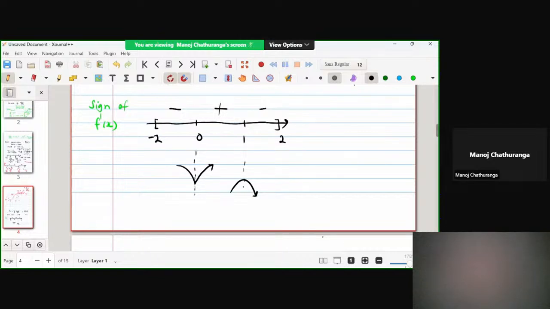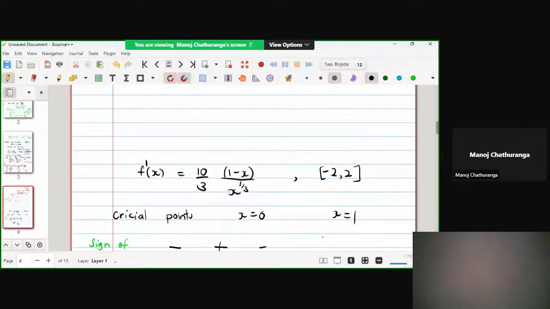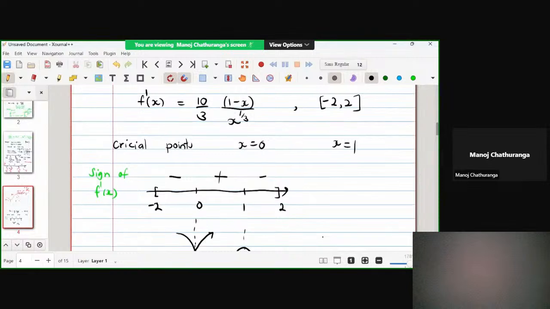So even though the derivative is undefined, this looks like a local minimum for the function. That is how I analyze the sign of the derivative and critical points to get an idea about the behavior of the function.